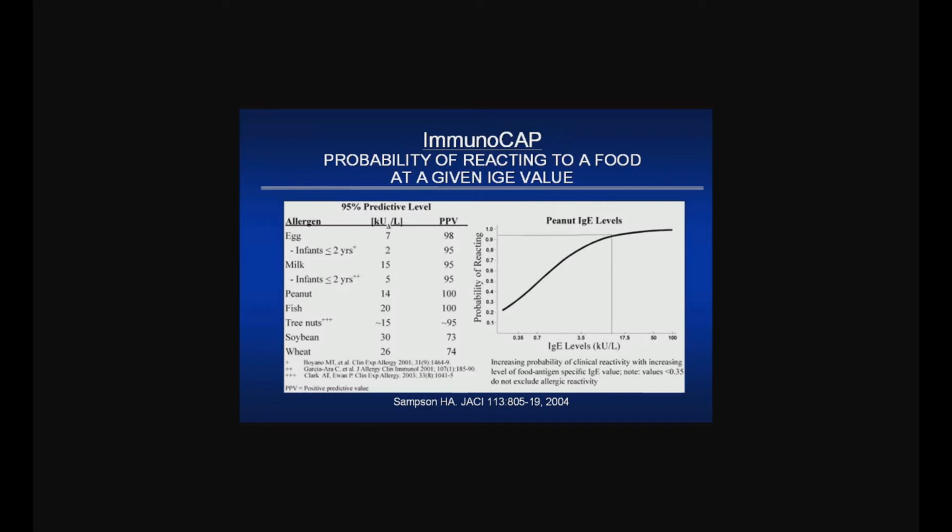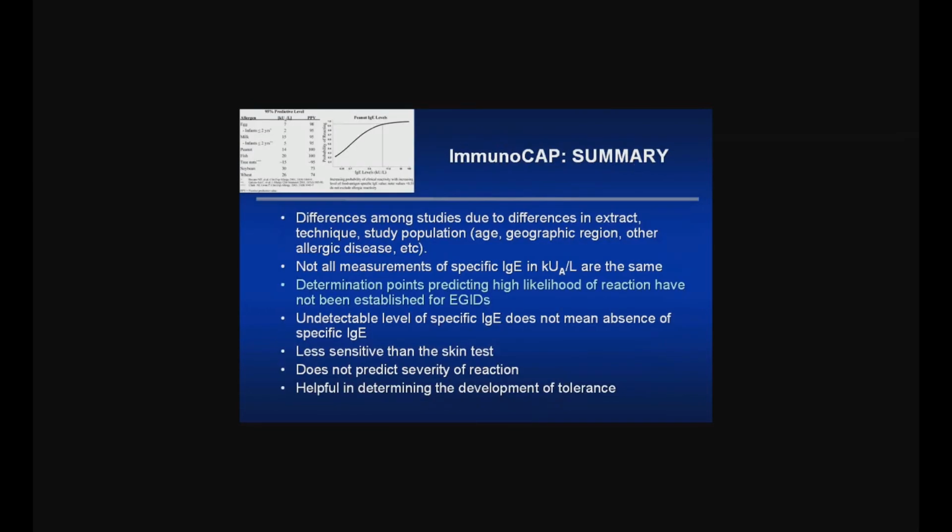So the higher the number, the more likely it is to play a role, but we don't have cutoffs that say above a certain amount that food would definitely be involved. The point I want to make here again with this form of testing is that determination points predicting high likelihood of reaction have not been established for this disease like they have for some of the foods involved in classical food allergy.